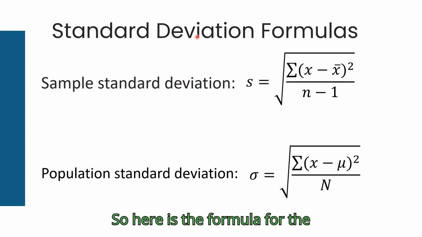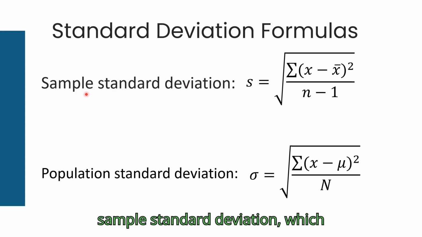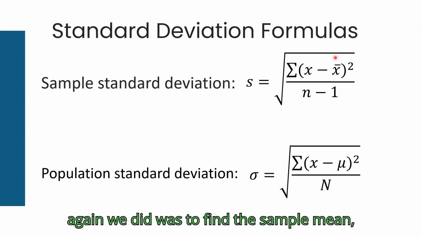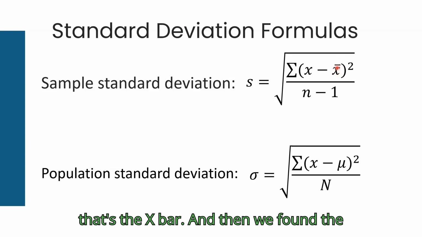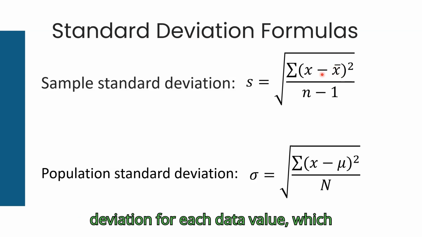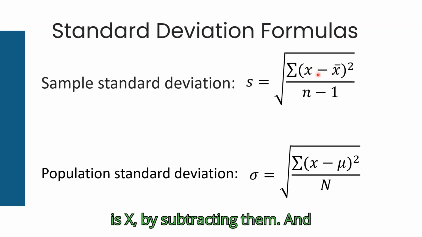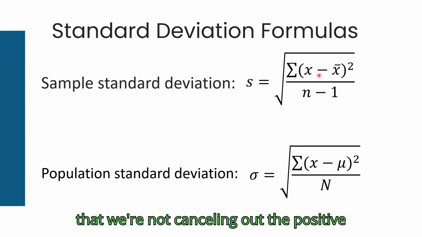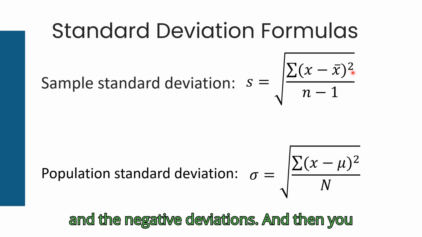Here is the formula for the sample standard deviation, which is represented by s. The first thing we did was find the sample mean, that's x bar, and then we found the deviation for each data value, x, by subtracting. We squared because we want to make sure that we're not canceling out the positive and the negative deviations.